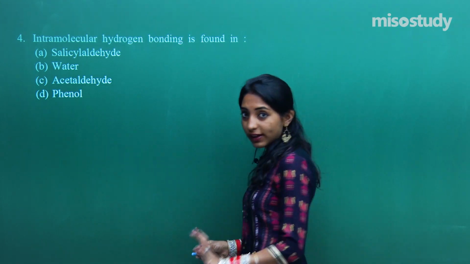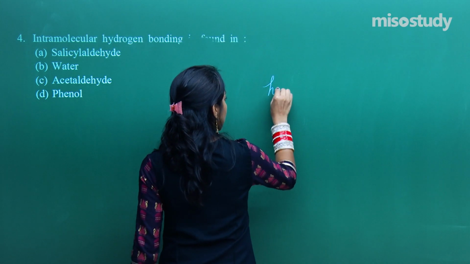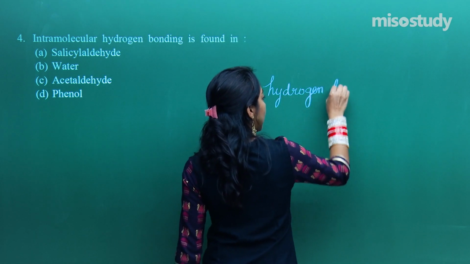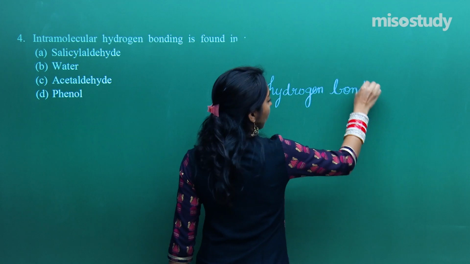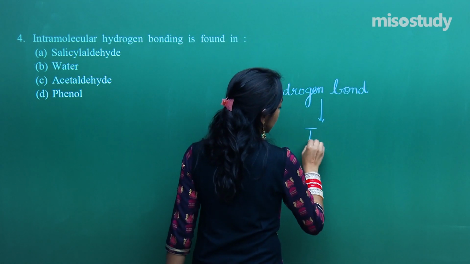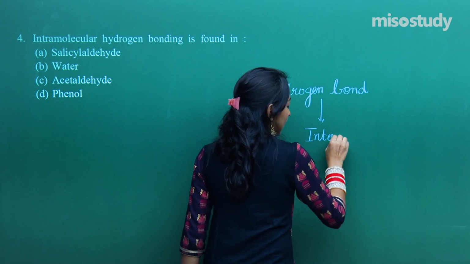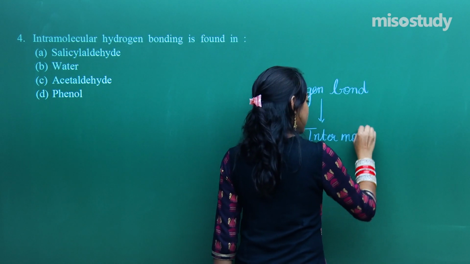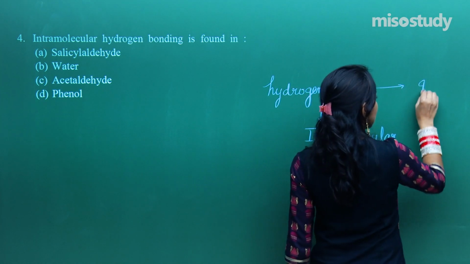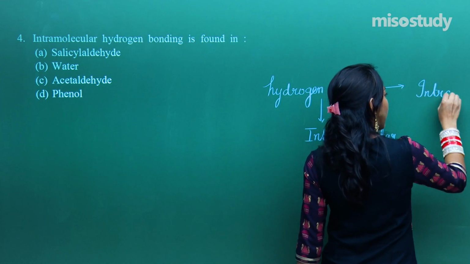We have done this, no? Hydrogen bonding can be classified into 2 categories. The first is intermolecular and the second is intramolecular.